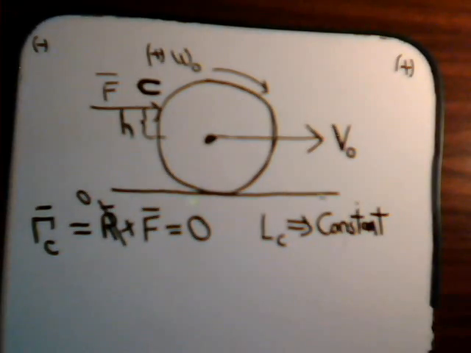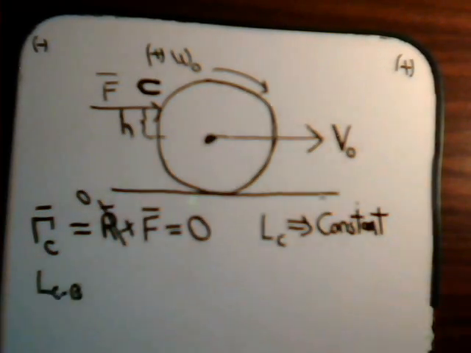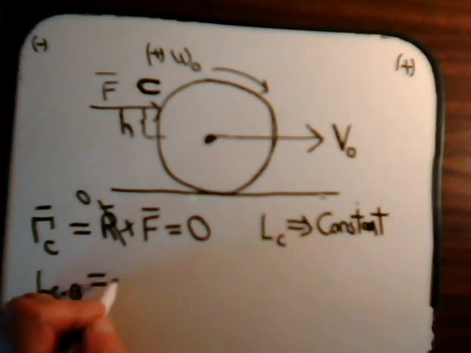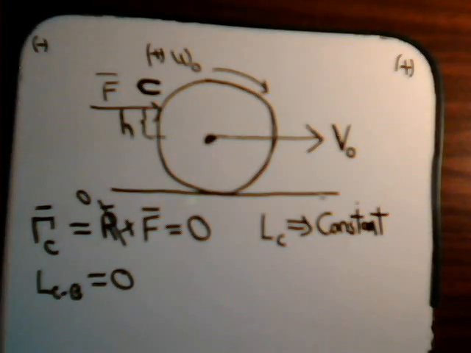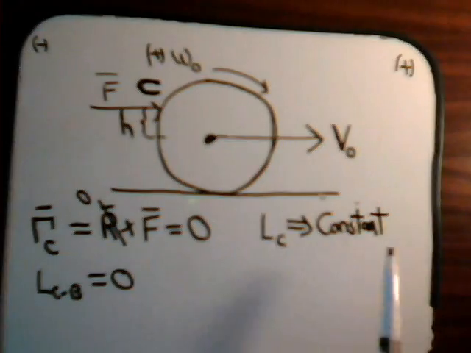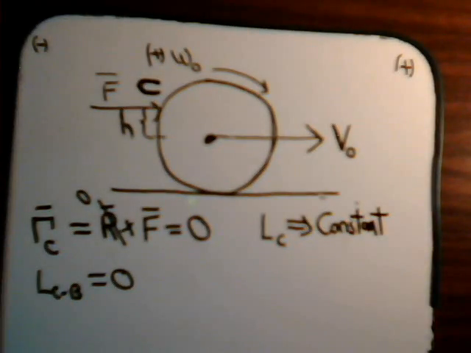Now, let's consider what is the angular momentum of the billiard ball about point C just before it is struck by the cue stick. Well, at that point it's just sitting still, so the angular momentum is 0. And now we want to consider the angular momentum about point C just after it is struck by the cue stick, when it has this linear velocity and that angular velocity.